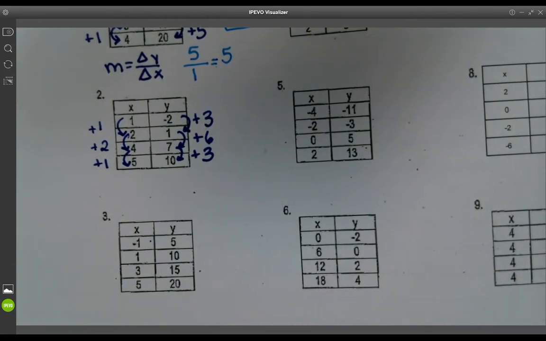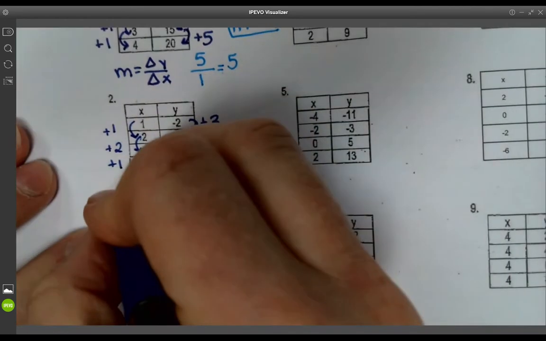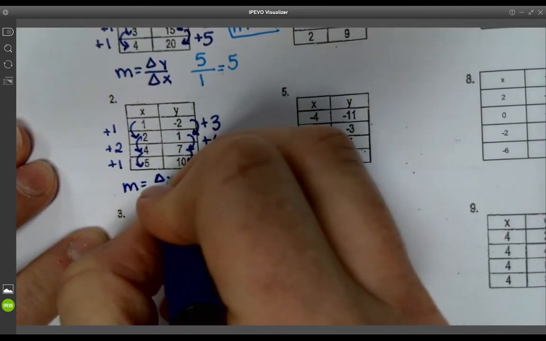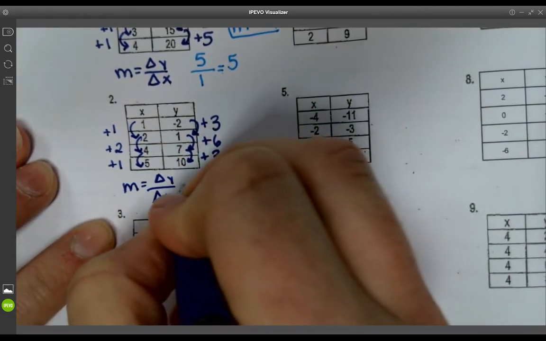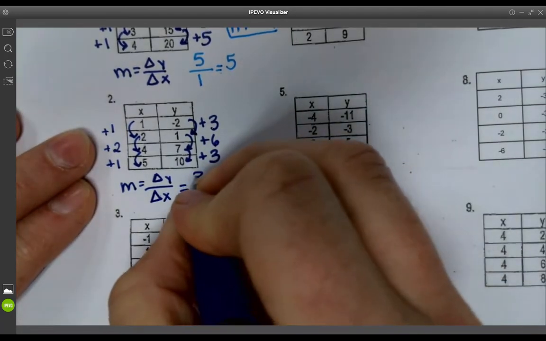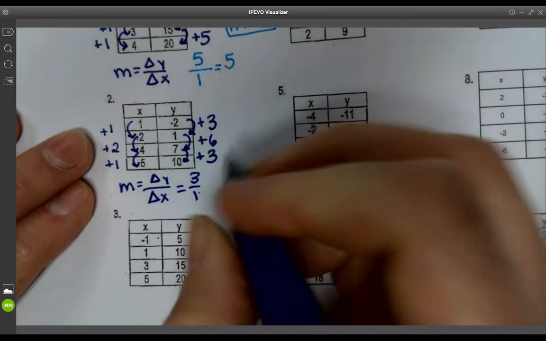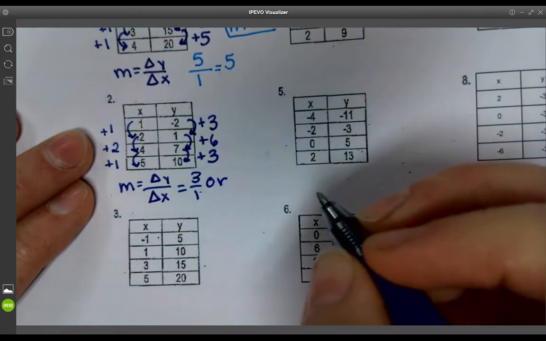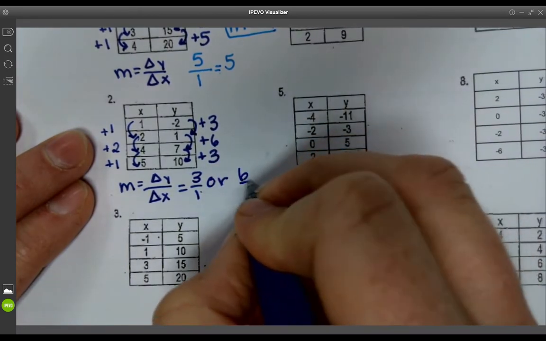Then we'll write it as the fraction. Change of y over change in x. I'm going to write it again. So it's 3 over 1. Or, the other one is 6 over 2.